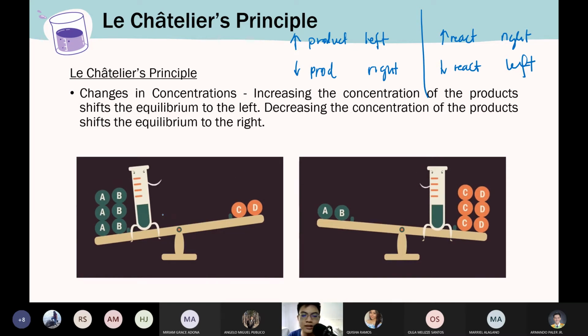Tignan nyo to si test tube. Nadagdagan si reactant, ano gagawin niya? Lilipat niya sa right. Ito naman, nadagdagan yung product, lipat niya sa left. Basta tandaan nyo lang tong 4 na possible outcomes. So, that's the Le Chatelier principle in the changes in concentration.